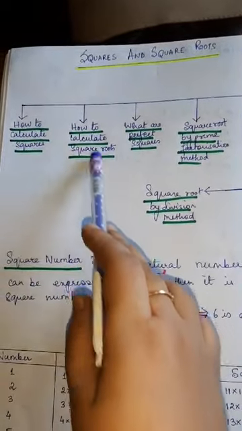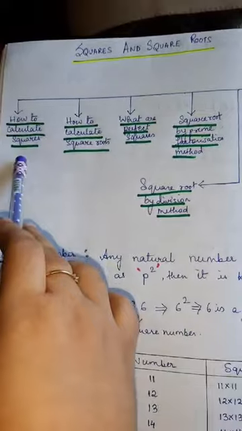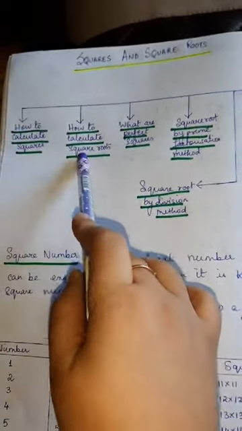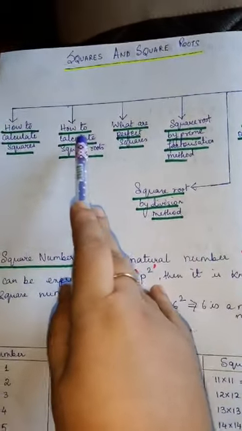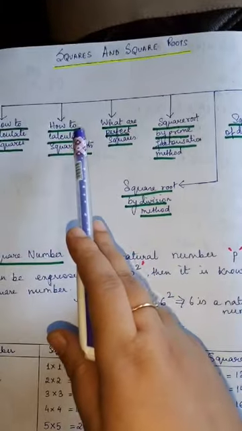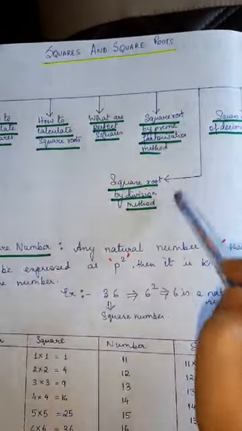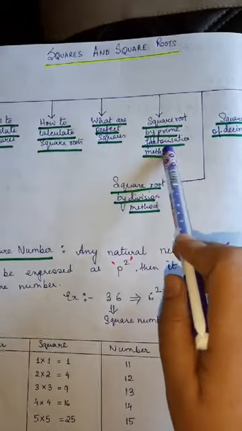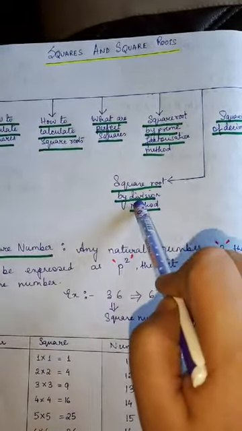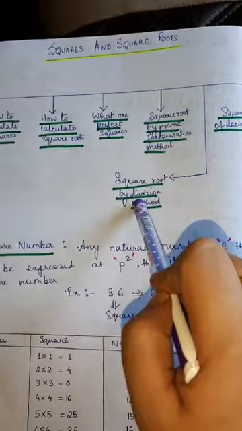Then how to calculate square roots. Once you learn how to calculate squares, we'll learn how to calculate square roots. To calculate square roots, there are actually two methods. One is the prime factorization method, another is the square root by division method.